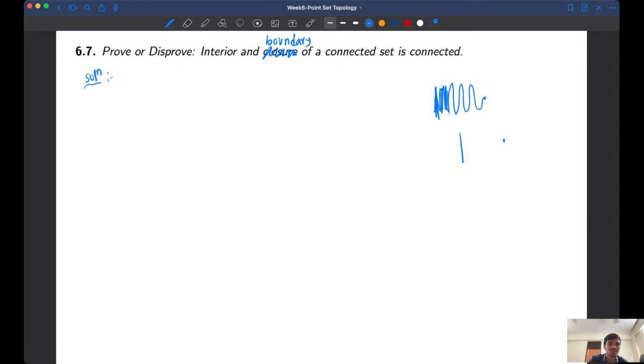Just consider this thing filled, and connect these two. The union is totally connected, but if you consider the interior, these points are not there in the interior.